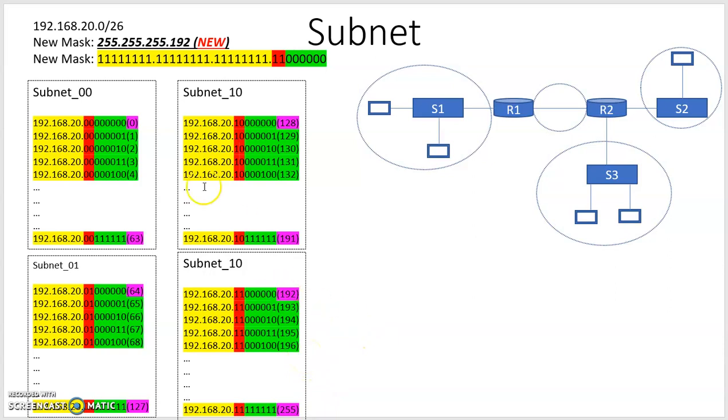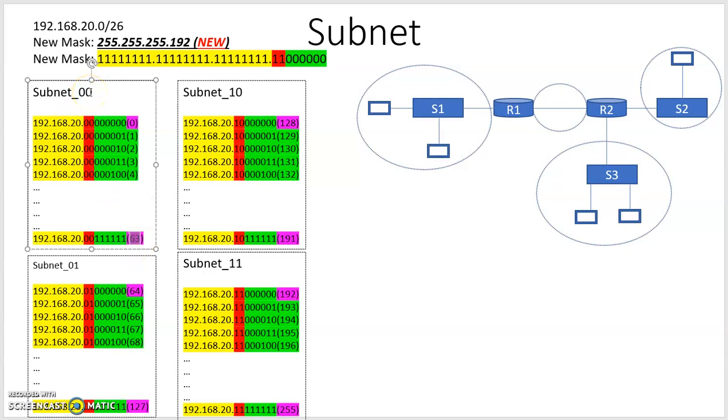So we created 4 different subnets by borrowing 2 bits: subnet 00, 01, 10, and 11. For subnet 00, it starts from 0 to 63. So 0 is the network address of subnet 00, and 63 is the broadcast address.